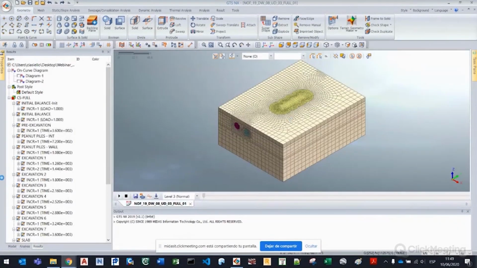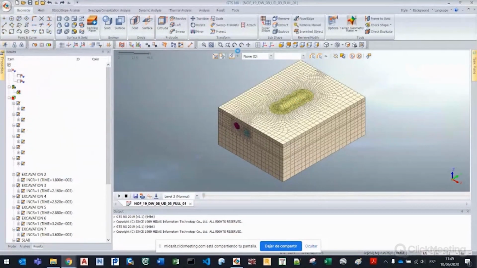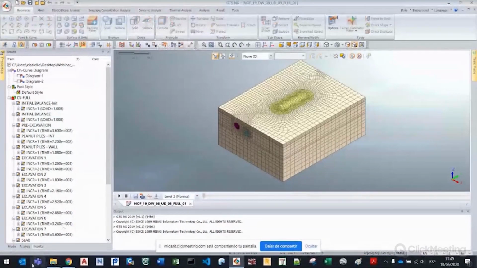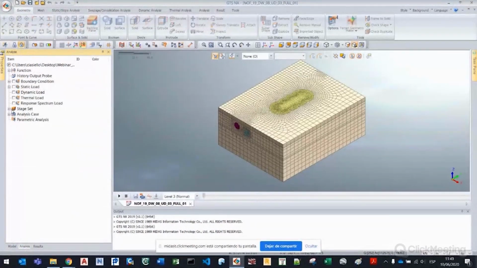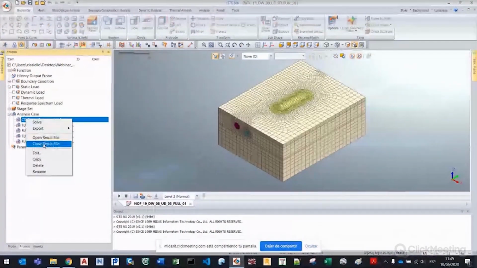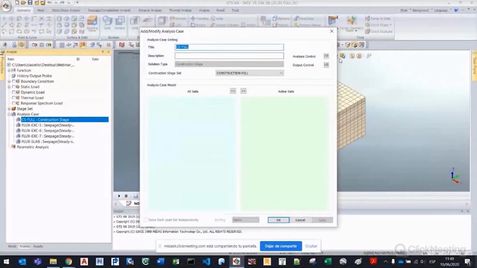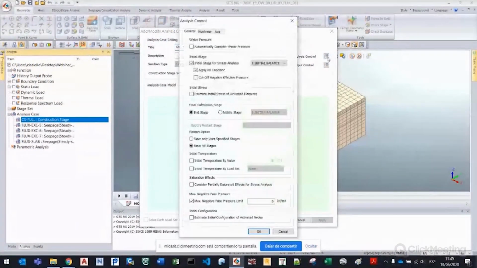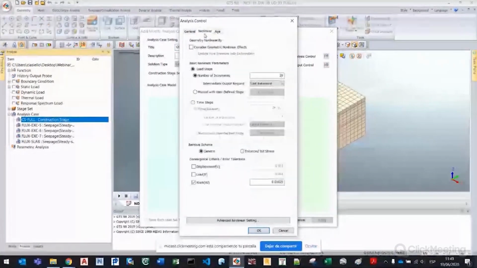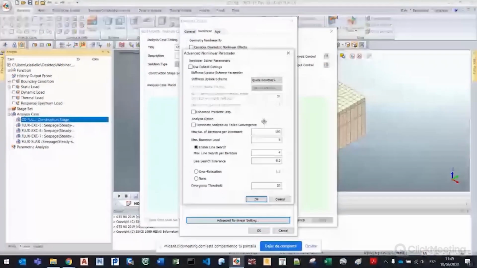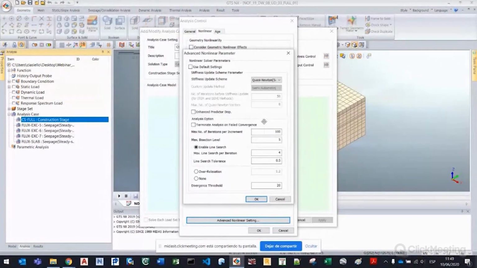Okay, so for example, here is the model we are mentioning. If you come here in analysis, you have here in analysis control the option to work out the small strain.